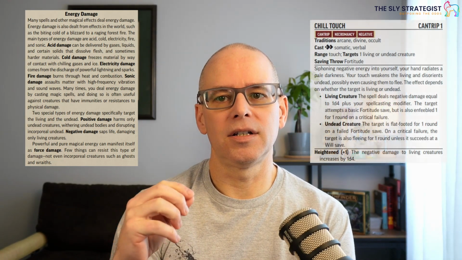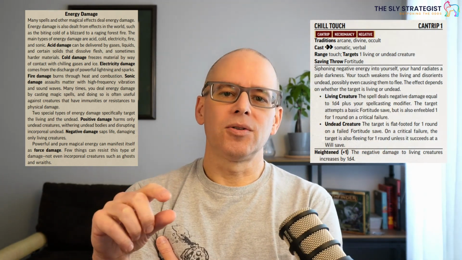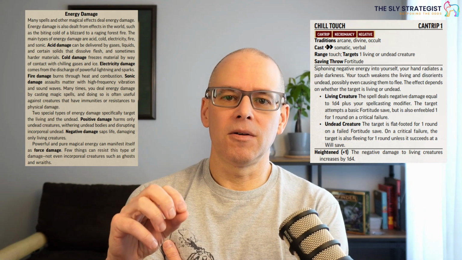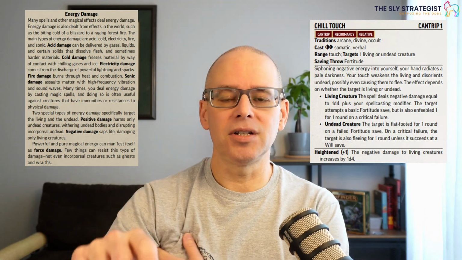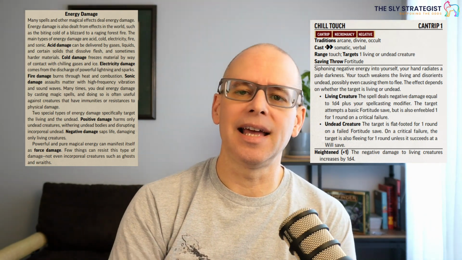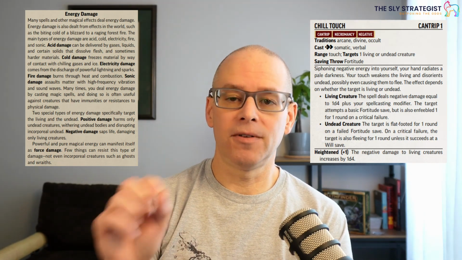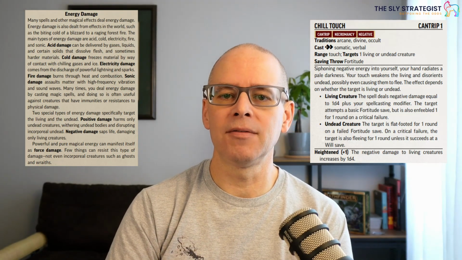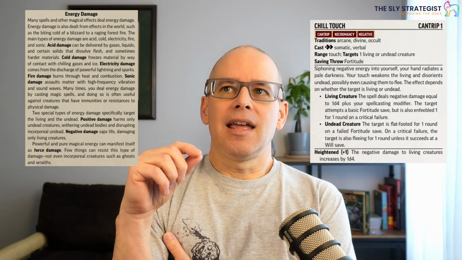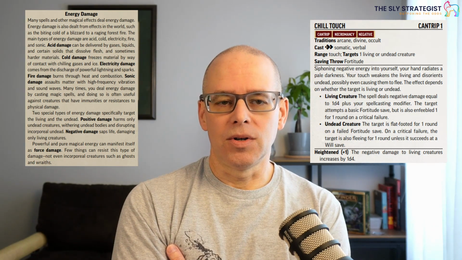And then for negative damage, there is an example there for Chill Touch, and Chill Touch harms living creatures. But this also kind of shows you a little special thing here, specifically to Chill Touch. But for these types of damage in total, you need to read the spell descriptions, because although negative damage from Chill Touch really does hurt the living, if you cast it against an undead, it still causes a condition effect, or circumstance effect.